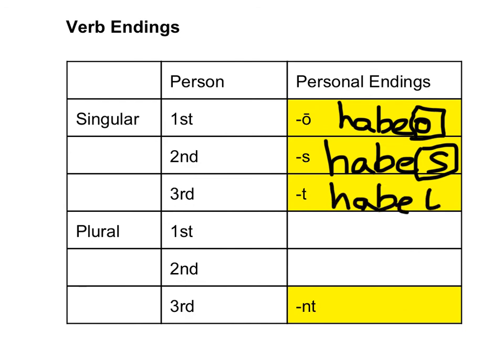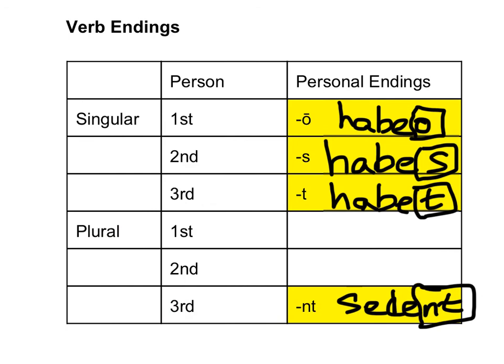So we change the ending based on the person, and now we've learned the third person plural verb ending is NT, just like spectatores in theatro sedent. The spectators are sitting in the theater. So now it has an NT because it refers to more than one subject. So that's all for T versus NT.